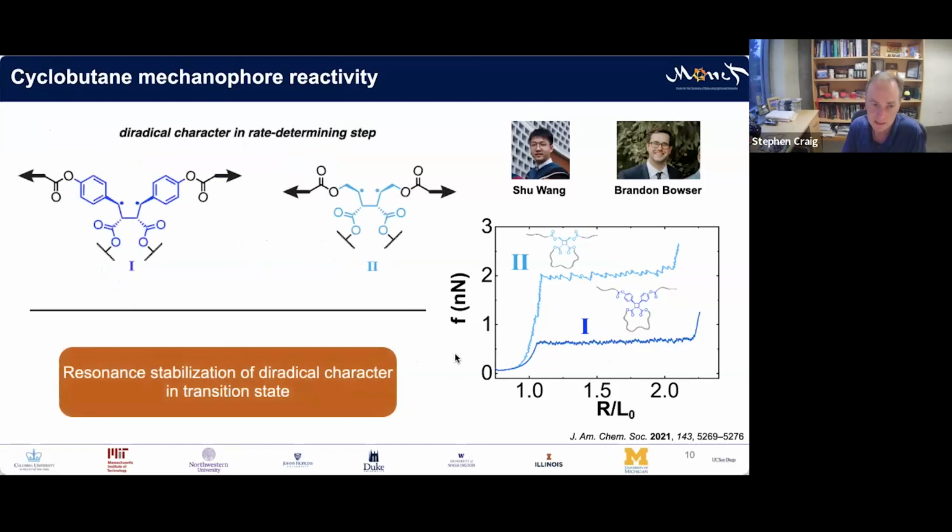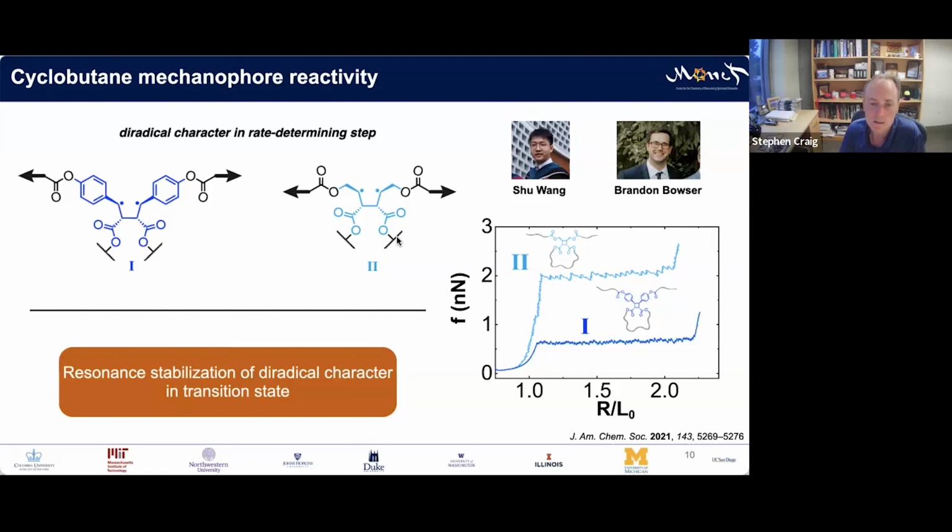And that's consistent with what we know about the reactivity in these systems, that the rate determining step is the breaking of that initial carbon-carbon bond. And with those aryl groups there, they essentially stabilize that radical character by resonance. So the bottom line is all of this data makes sense.